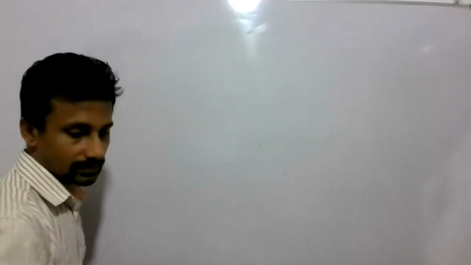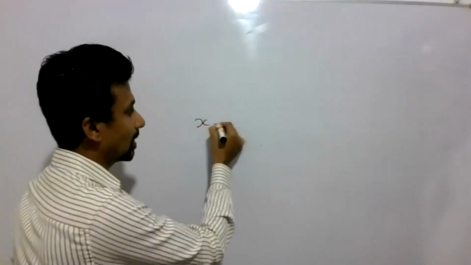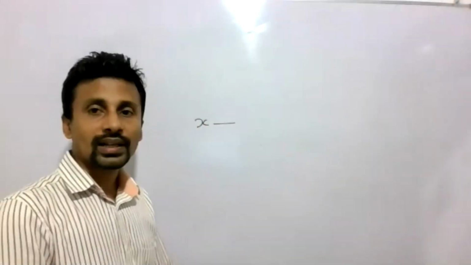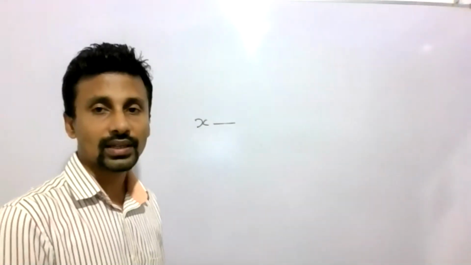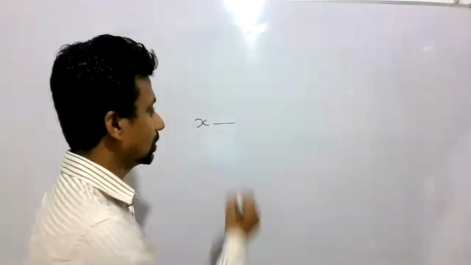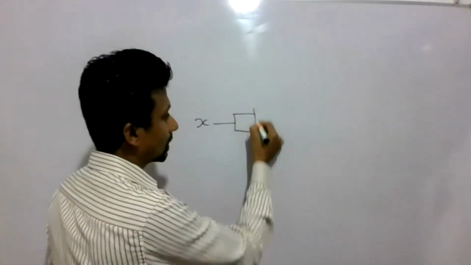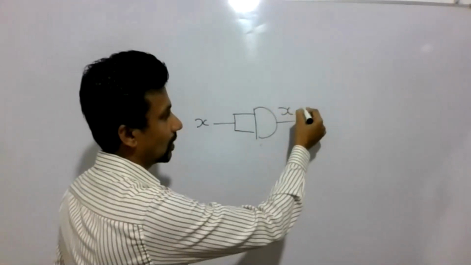So if you get x, but x is one input, and you want to connect this to an AND gate, you can't connect it because an AND gate needs at least two inputs. So you can make it like this, and your output will be x dot x.